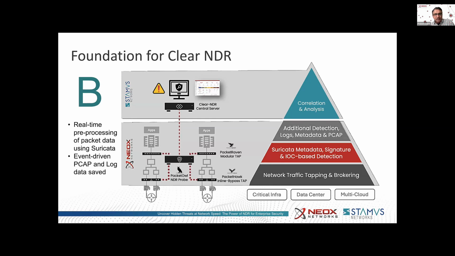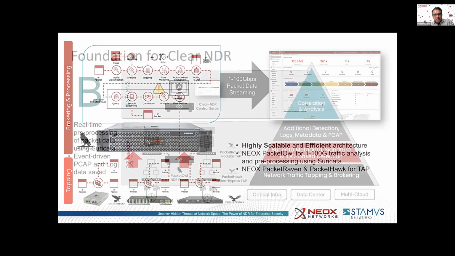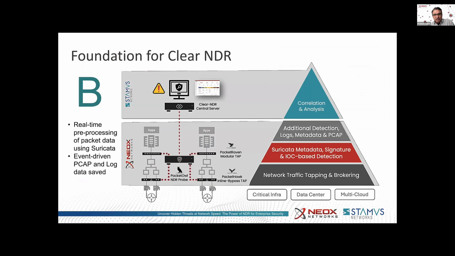And if you look on the right side of the triangle, you'll see a bunch of services that are a little bit different from packet brokering. In this case, you obviously start with the tapping layer, but then Packet Owl can play different roles, right? Some of those are not the topic of today's webinar. For example, it runs Suricata as well, and can do signature-based detection too.